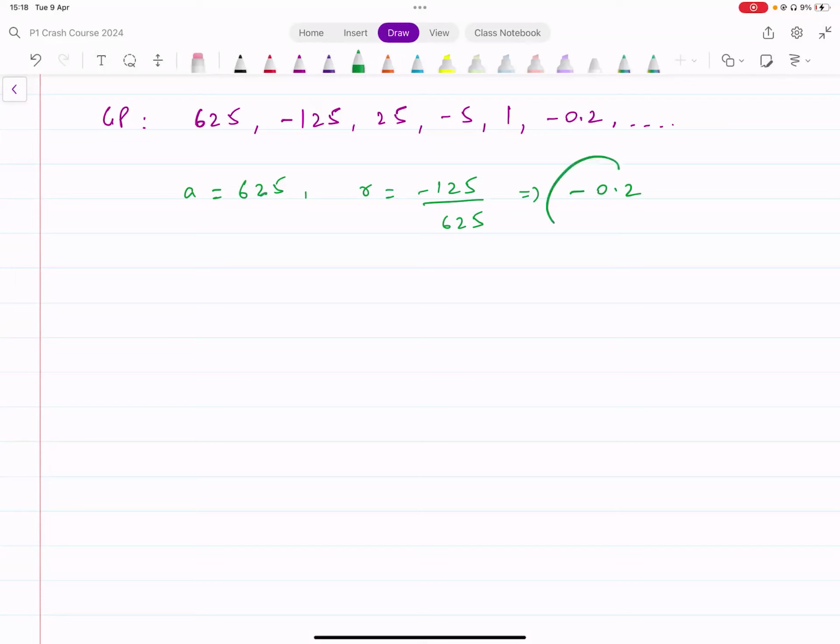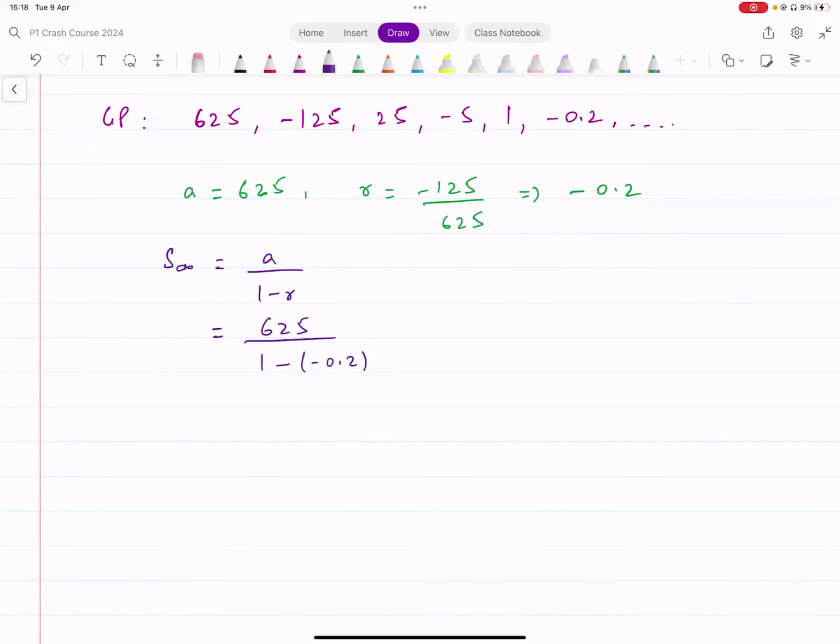Now, since this ratio is between -1 and 1, the sum to infinity for this is going to exist. Well, how do you find that sum to infinity? The formula looks like this. Sum to infinity is a over 1 minus r. A is 625 divided by 1 minus r. What's r? R is minus 0.2. So it's 1 minus 0.2.